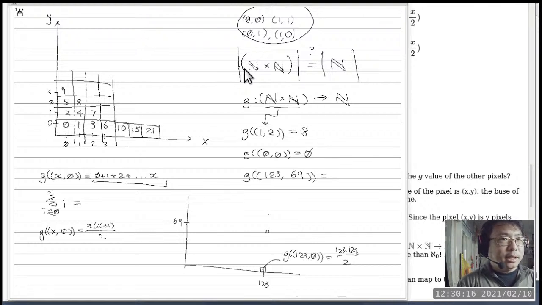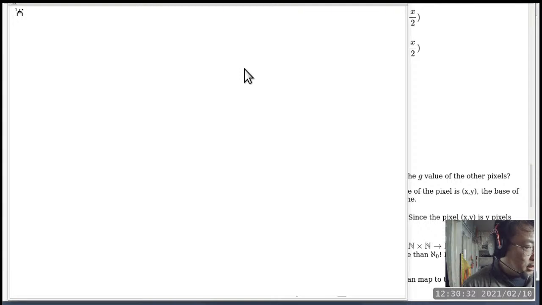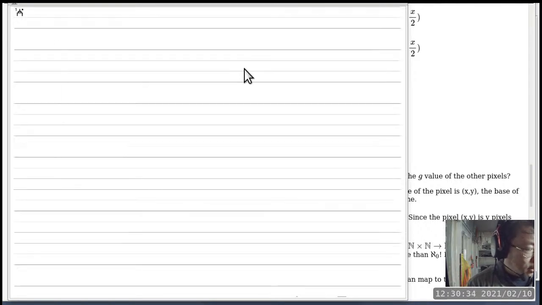There are certain other things we can notice as well. The other thing we notice is that on every diagonal line, if you look at all the pixels in a diagonal line and you add up the x and the y component of each pixel, they add up to be the same. If this is not clear, let's take a look.